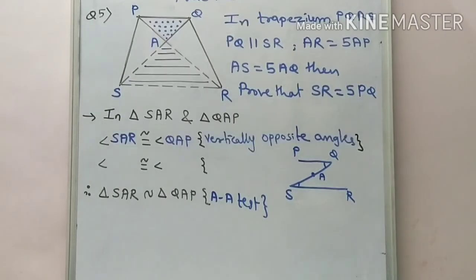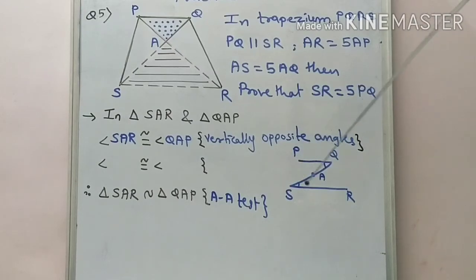Okay, and for the second pair, we are given PQ parallel to SR. So here we take the diagonal SQ as a transversal, and we get one more pair. What is this pair? Alternate angles. If lines are parallel, then the alternate angles formed by a transversal are also congruent.